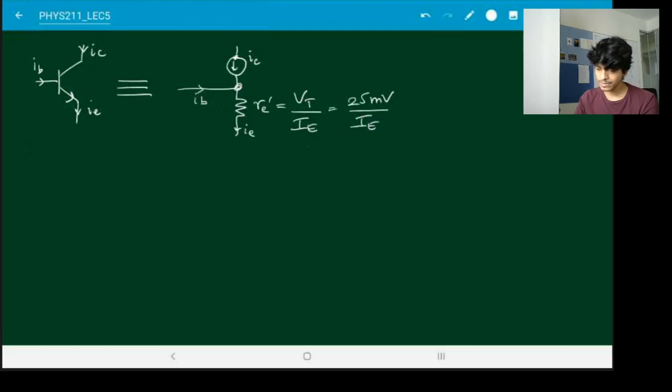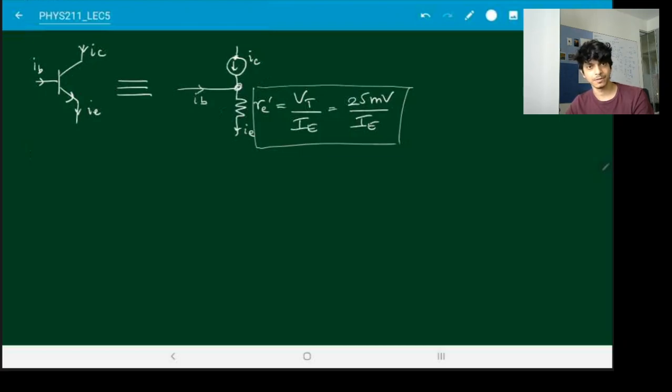So this Re prime equals 25 millivolts by IE. You can just consider this as canon for the sake of our course. So this is a simplified form of what our transistor will look like.